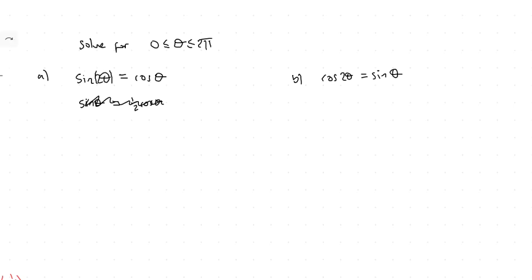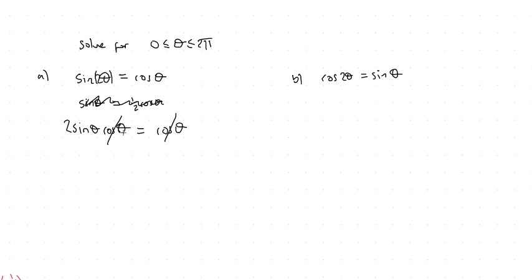So we're going to use the double angle formula. We've got 2 sine theta cos theta as another way of writing the left-hand side equals cos theta. Okay, here's another really important point. You might think here, oh, I'll just cancel those 2 cos thetas. Seems like a reasonable thing to do. The problem is if you do that, you actually lose solutions.